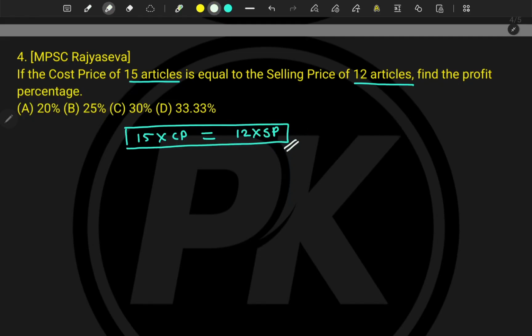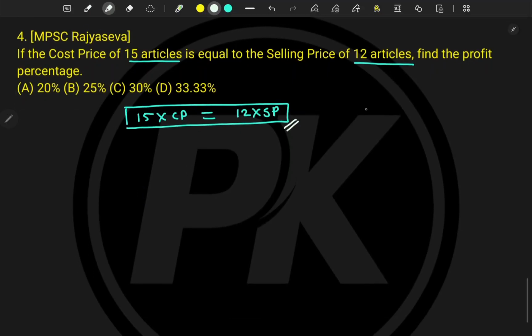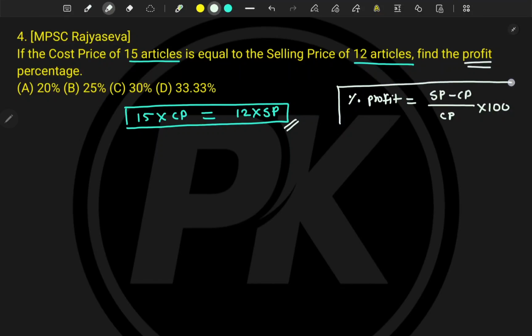Yes, I can write it. Now what was the formula for percentage here? Profit is asked in percentage. So that was selling price minus cost price divided by cost price into 100. This is the formula we derived last time.